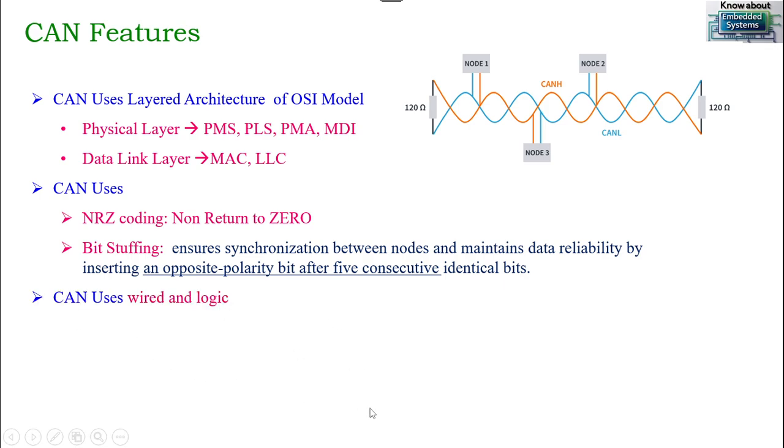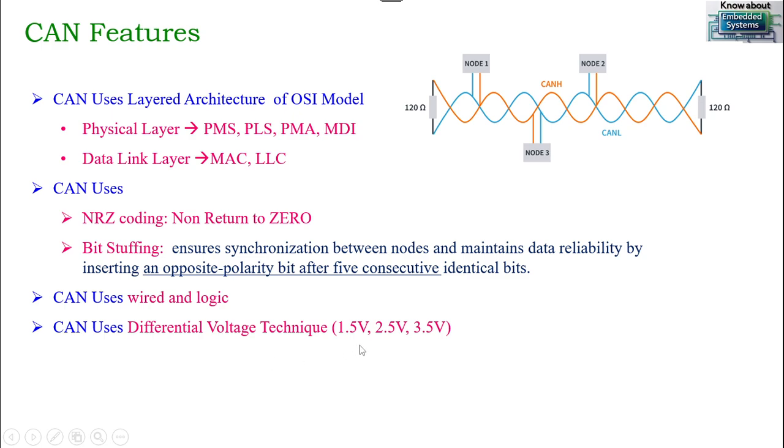And CAN uses wired AND logic. This I'll also explain later. This is nothing but a wire, the CAN wire, since we're using a wire network here, and this CAN bus acts as an AND logic. That's why it's called wired AND logic. CAN also uses a differential voltage.